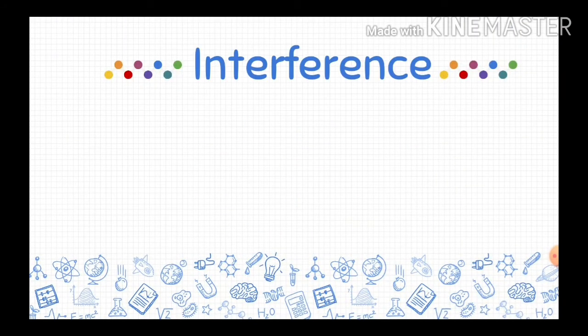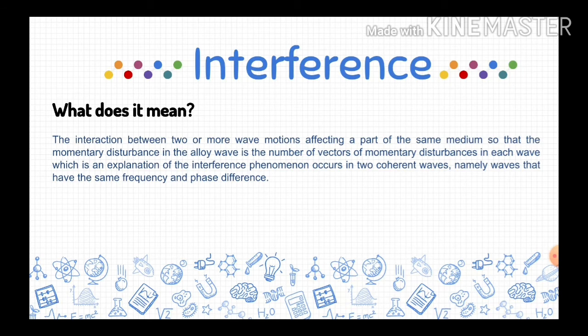Next, the fourth behavior, that is interference. What does it mean? The interaction between 2 or more wave motions affecting a part of the same medium, so that the momentary disturbance in the combined wave is the sum of the momentary disturbances in each wave.